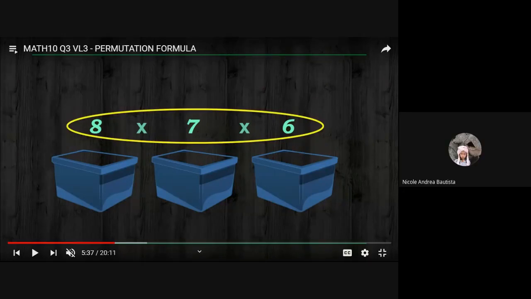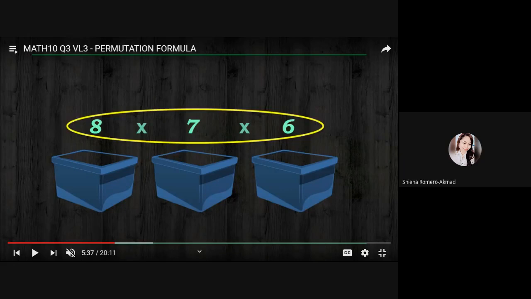Binigay po yung total number ng objects pati yung number ng objects na pinili. The number of items, yung choices, at yung number of items na pinili.